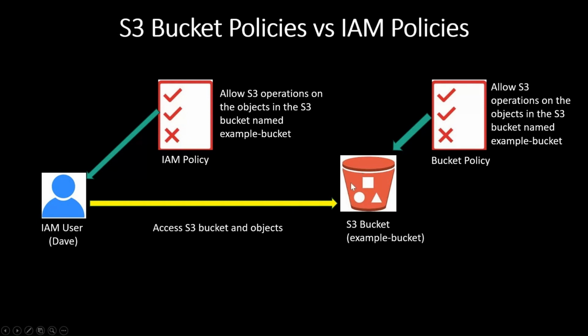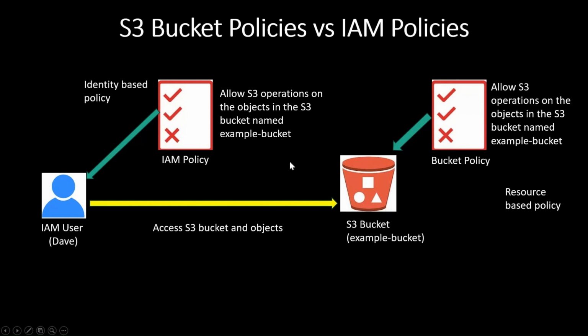One more thing, this IAM policy is known as identity based policy because it is attached to an identity which can be a user, role or a group. And bucket policy is known as resource based policy because it is attached to a resource, for example an S3 bucket in our example.